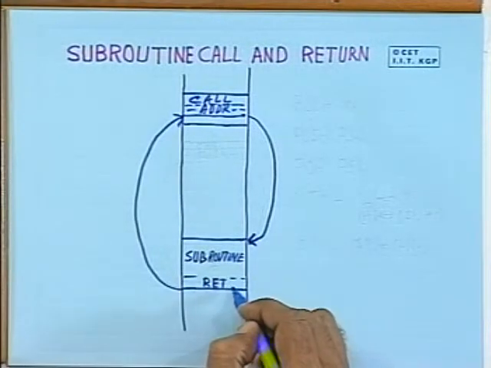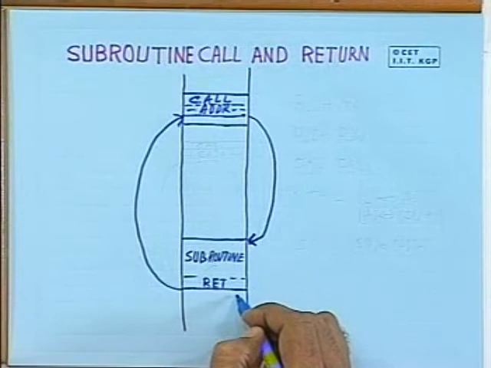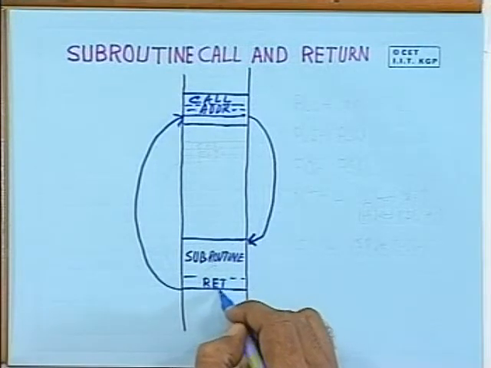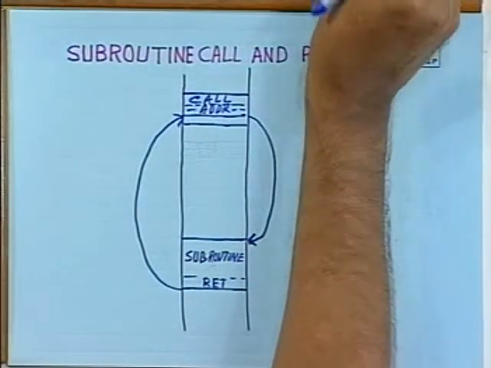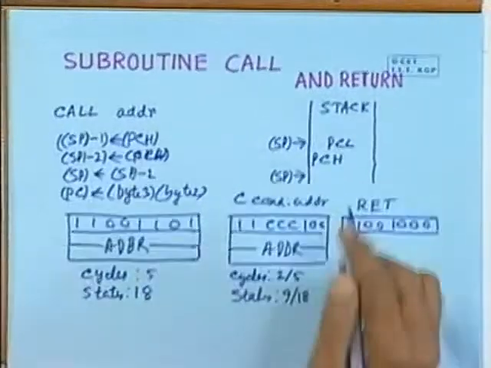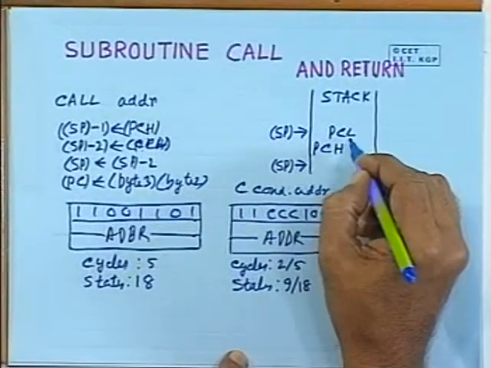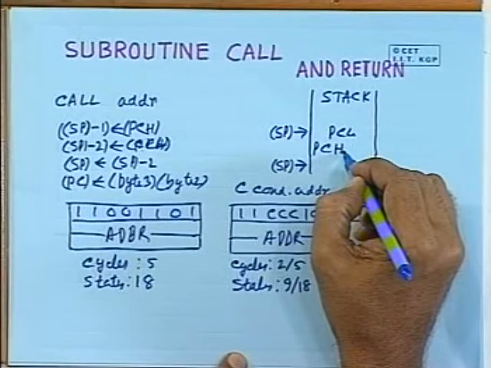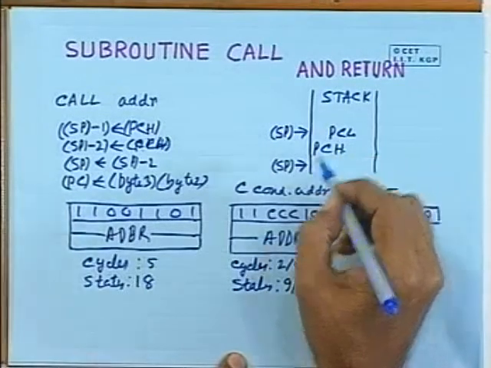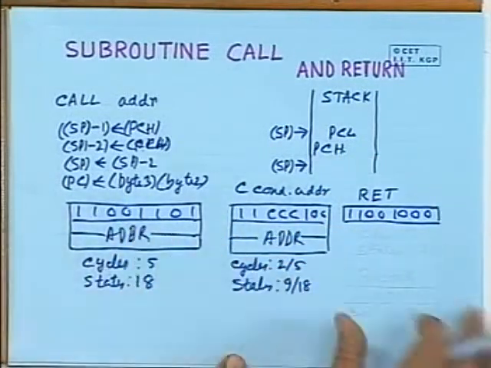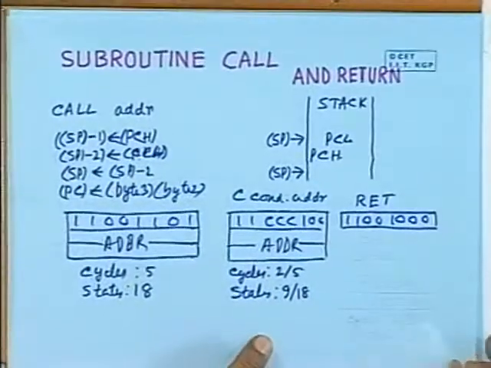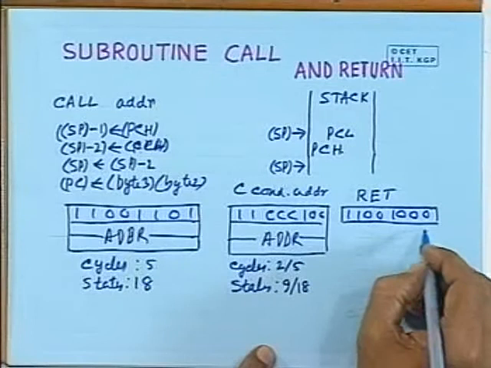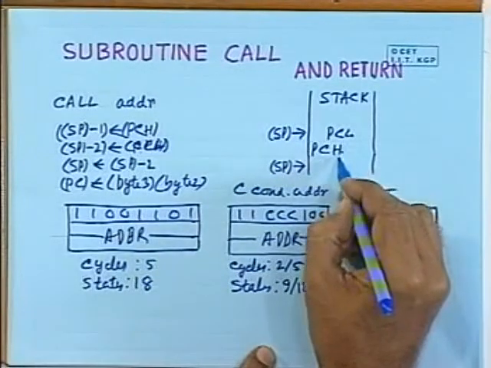That is the last instruction of a subroutine, and the outcome of this is that the stack, which was holding the PCL and PCH values, will be loaded into the program counter. That means the program counter will be loaded from this stack.